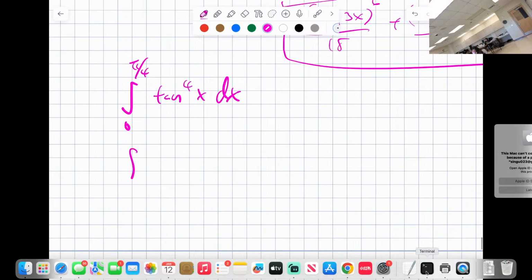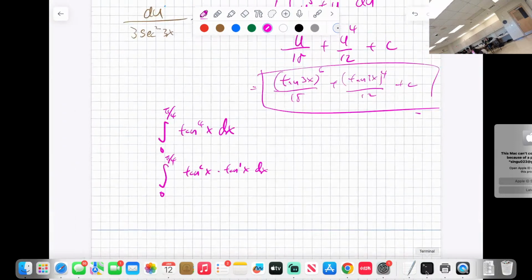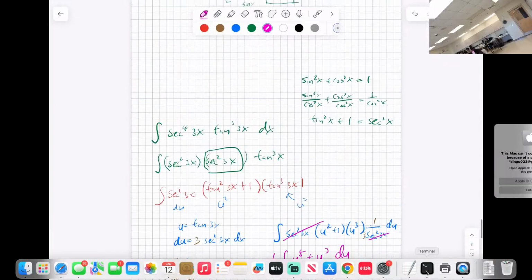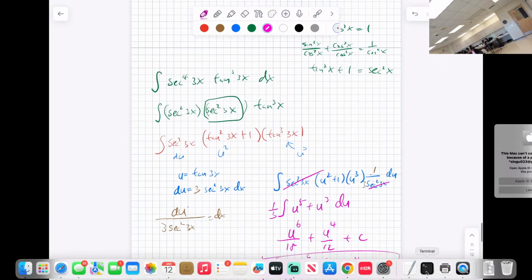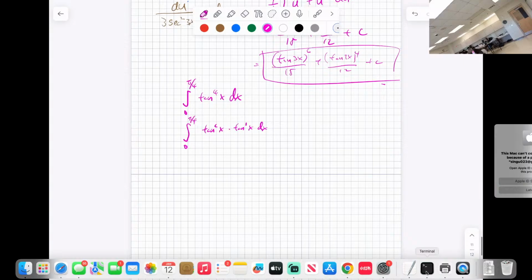So we know for sure that we can do pi over 4. We can split this to tangent square of x times tangent square of x. Tangent square of x can be converted into secant square of x minus 1.